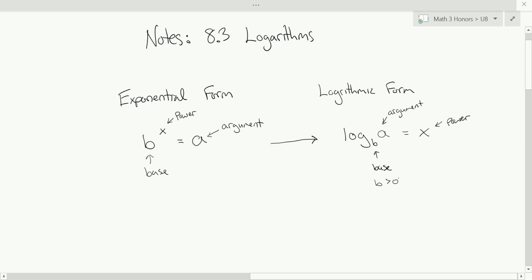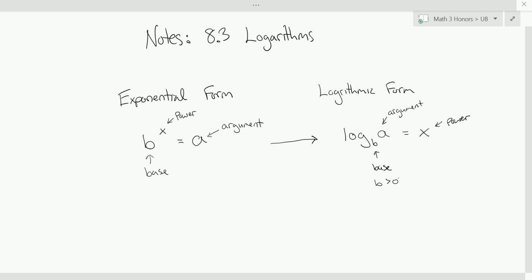The reason for that is, first of all, 0 to any power is going to be 0, so that's not really interesting to us. If the base is negative, what happens as you raise the power? Like -2 squared, -2 to the third, -2 to the fourth. It's going to alternate between positive and negative, and things get a little complicated. So that's why we want to keep our base positive.